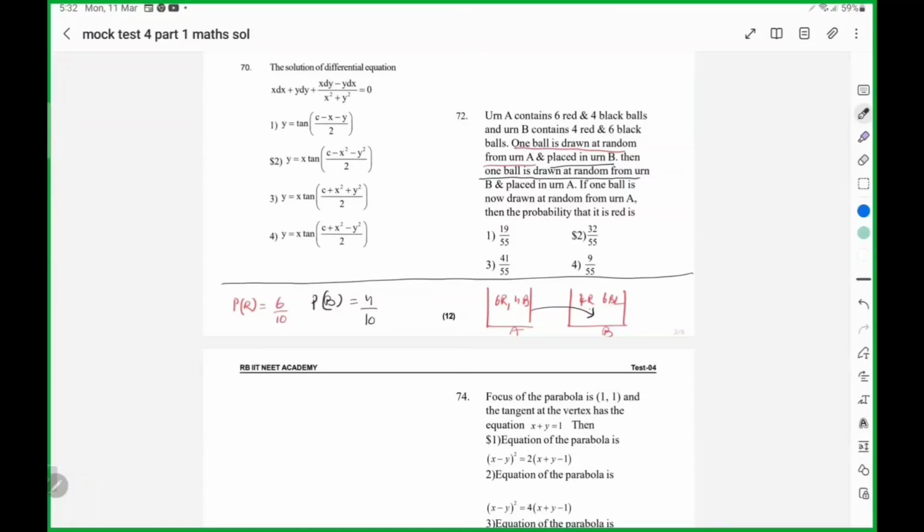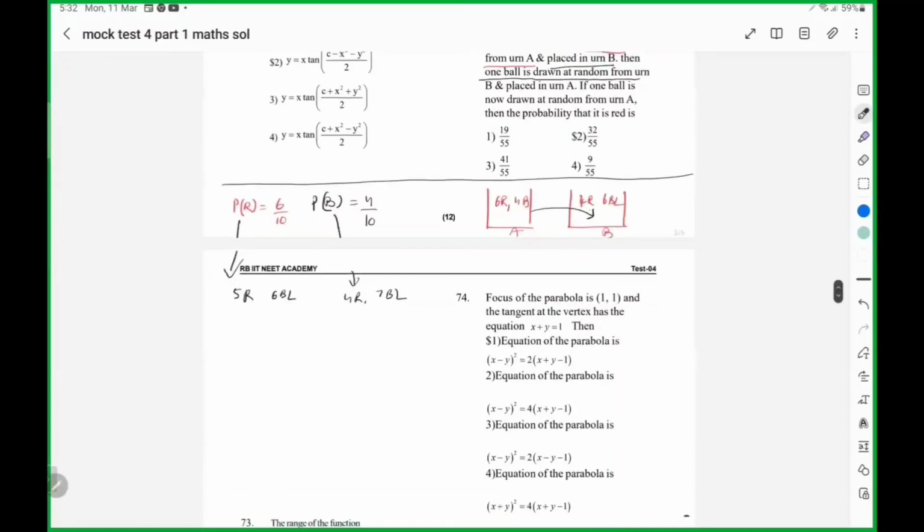So if red ball is transferred, there are 5 red, in this case 6 black ball. If black ball is transferred, 4 red and 7 black.